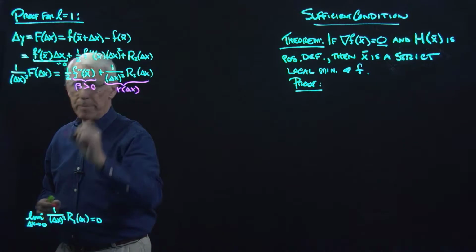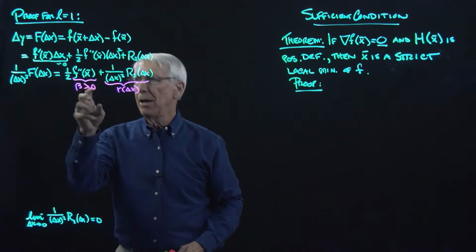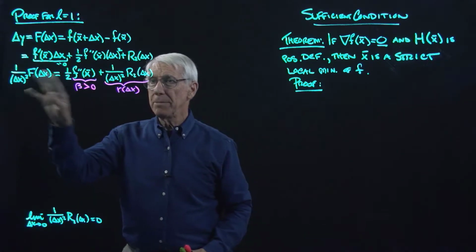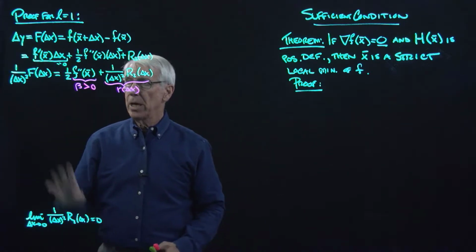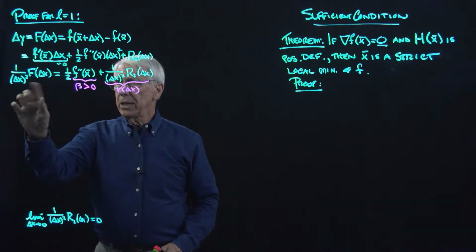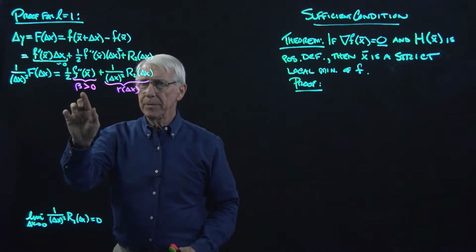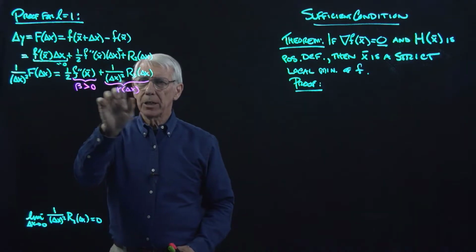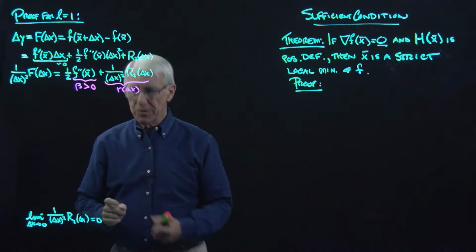And I've just written it beta, just to emphasize it's a fixed number. It doesn't depend on delta x. Of course, it depends on the x bar where we are, but it doesn't depend on delta x like this does and like this does. So this function of delta x over here is this number beta plus this function here, which has a limit of 0 as delta x gets small.